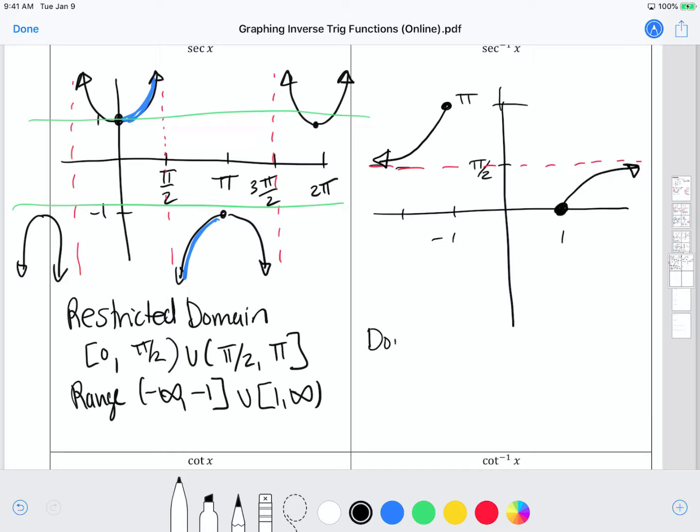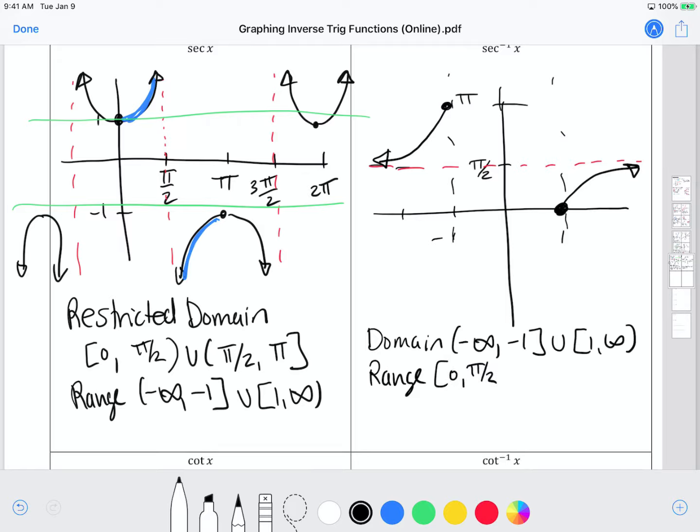So the domain for the inverse is going to be from -infinity up to -1, and then 1 to infinity, because we have that blank space in between -1 and 1 for the domain. The range is going to be from 0 to pi over 2 union pi over 2 to pi.